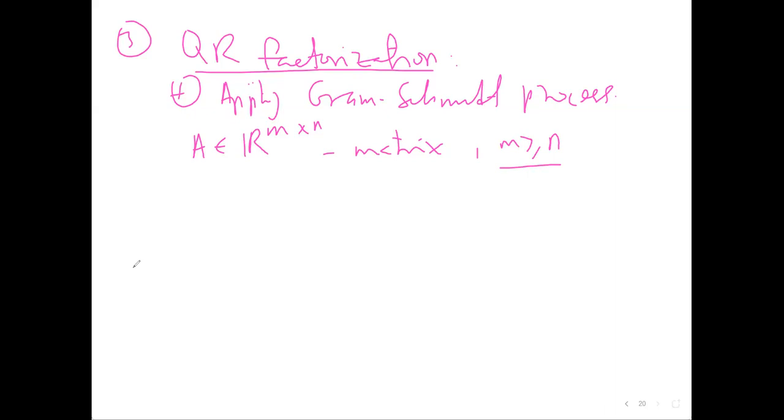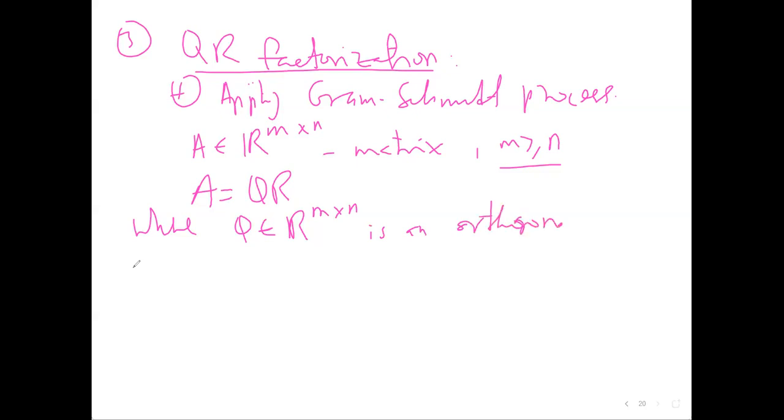And we say that we can split this M by N matrix into a QR, where Q is an orthogonal matrix.